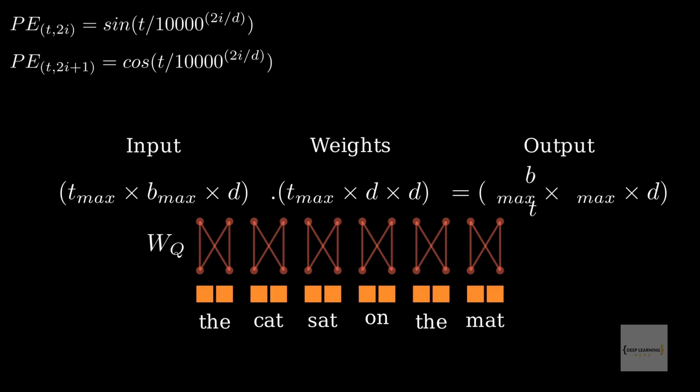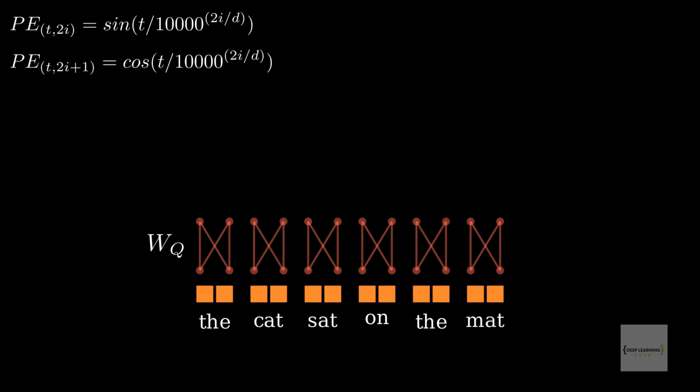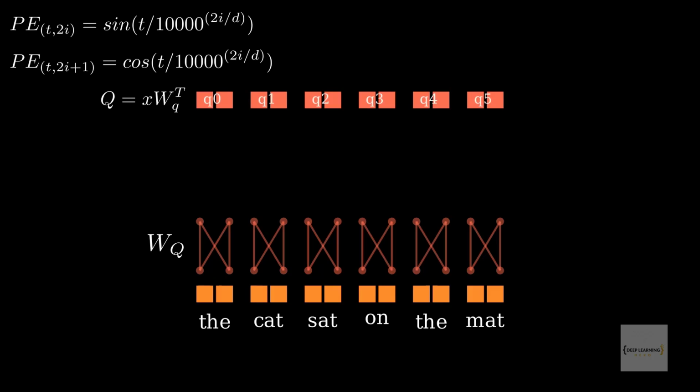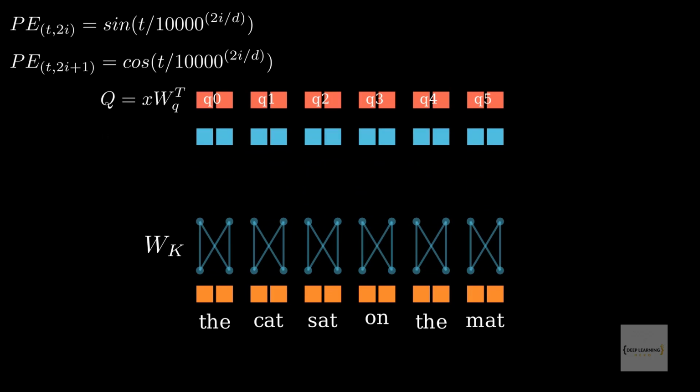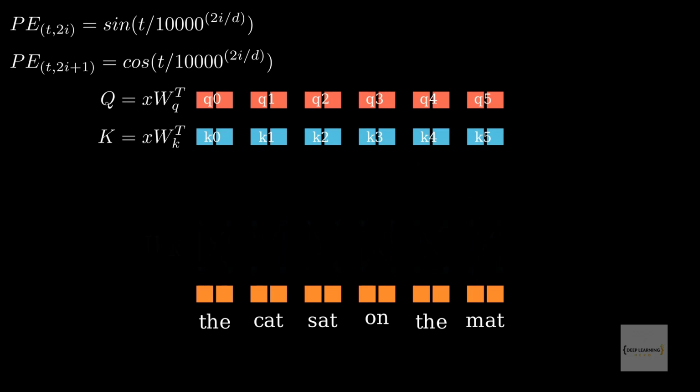Transform this back again and we have a Bmax by Tmax by D-sized tensor, which is identical to the size of the input. Next, we do the same for keys and values. Don't worry if you don't understand the purpose of these. It'll be clear as we go. Note that queries, keys, and values are identical in shape.